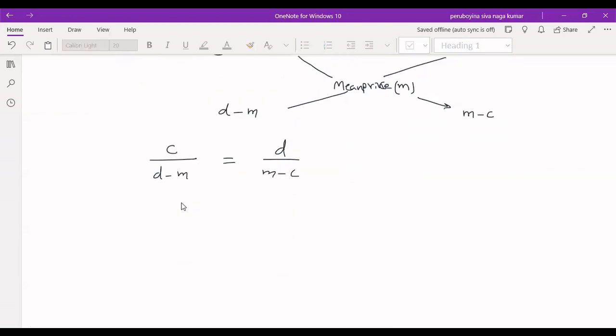How to use this formula, we will see later in the discussion of problems.